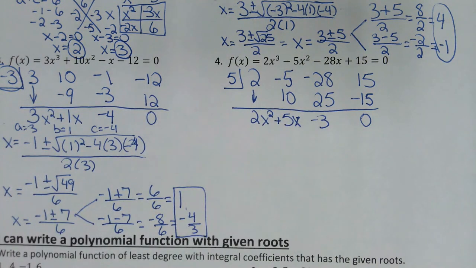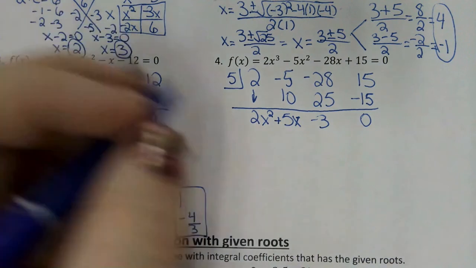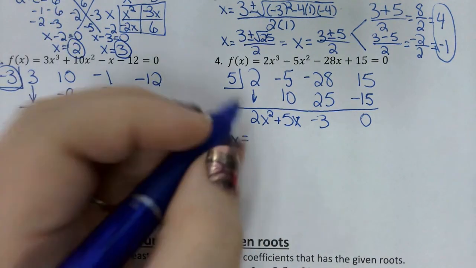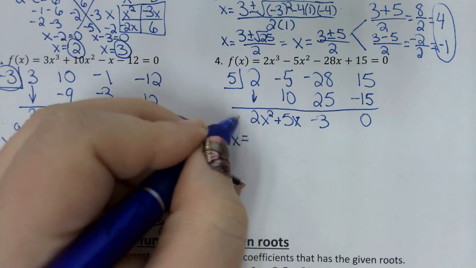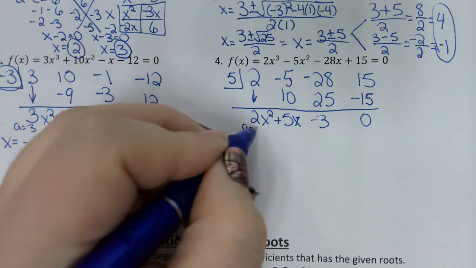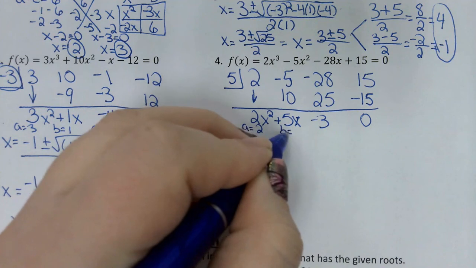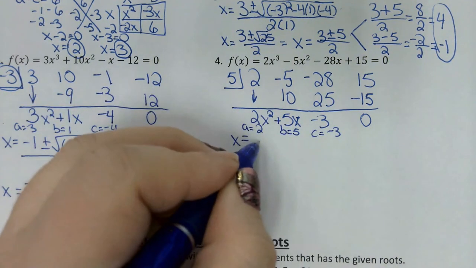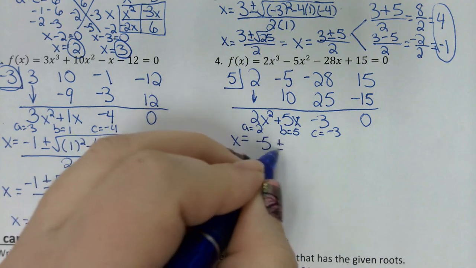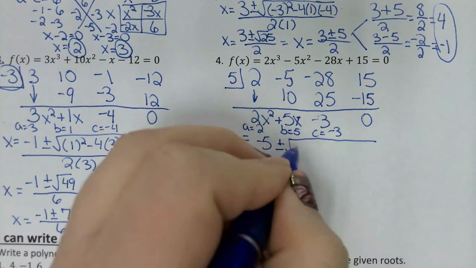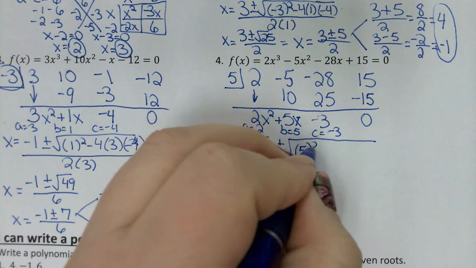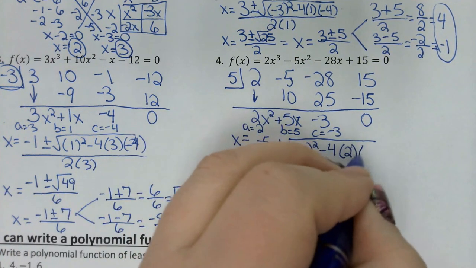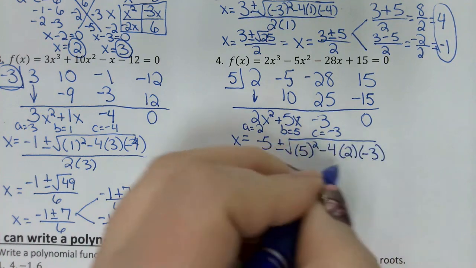I'm going to go ahead and use quadratic formula on this because I know it's guaranteed to work. A in this case is 2, B is 5, C is -3. So x equals -b plus or minus the square root of b squared minus 4ac all over 2a. One of these days I'm going to write it just as fast as I say it or sing it.